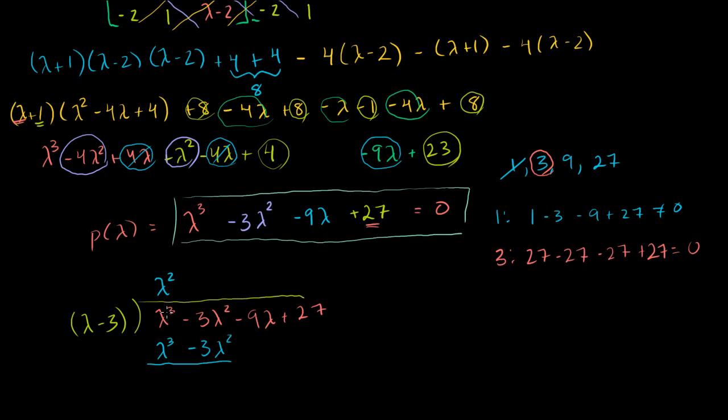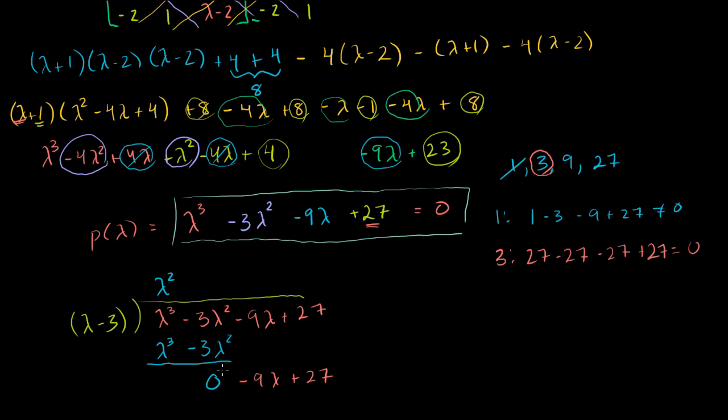You subtract these, you get 0. And then we can bring down everything, really. So now you have minus 9 lambda plus 27. You can almost imagine we just subtracted this from this whole thing up here, and we're just left with these terms right here.